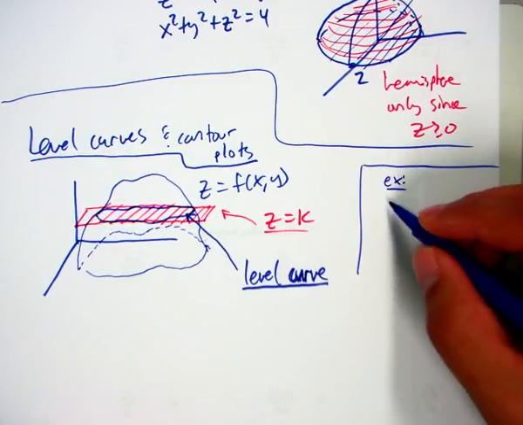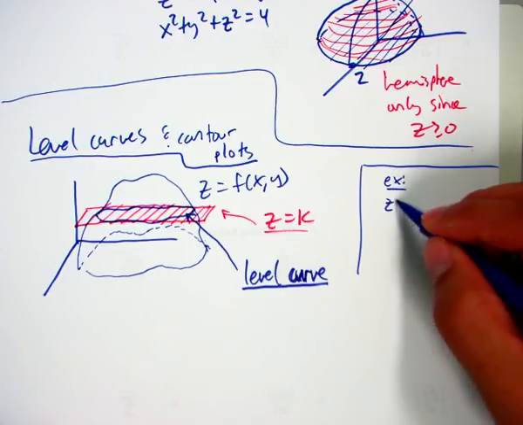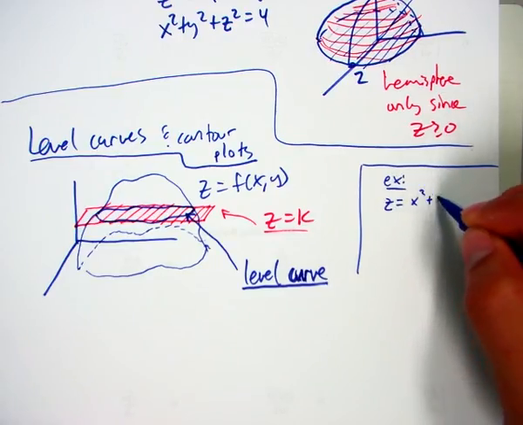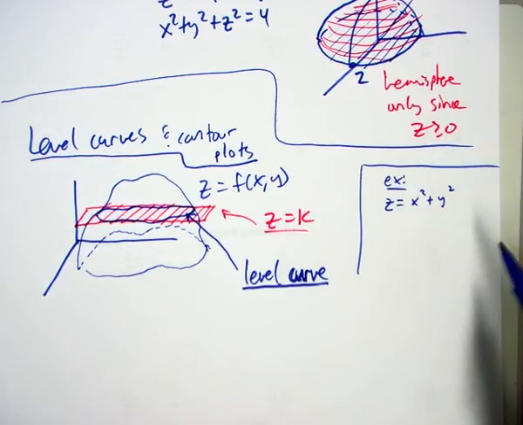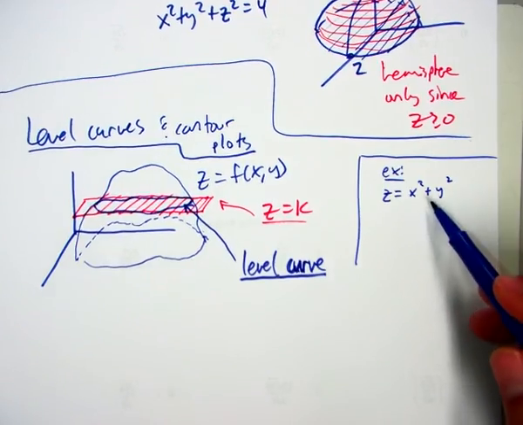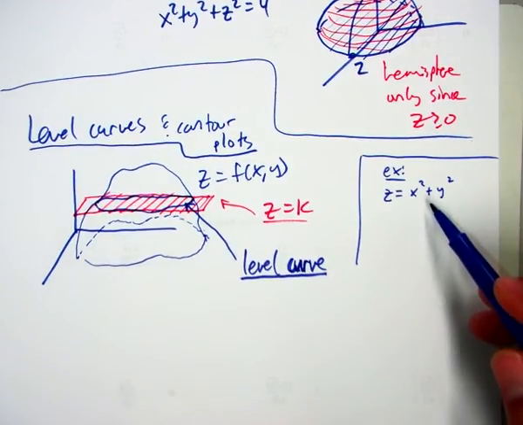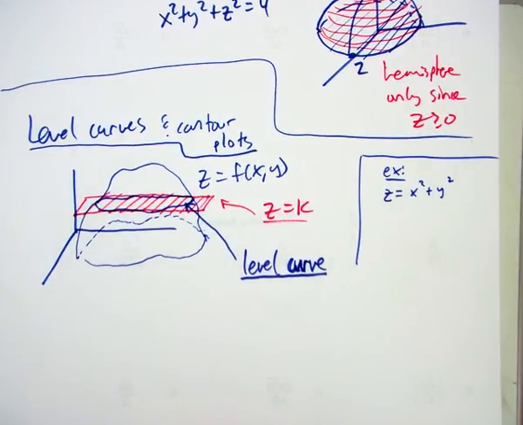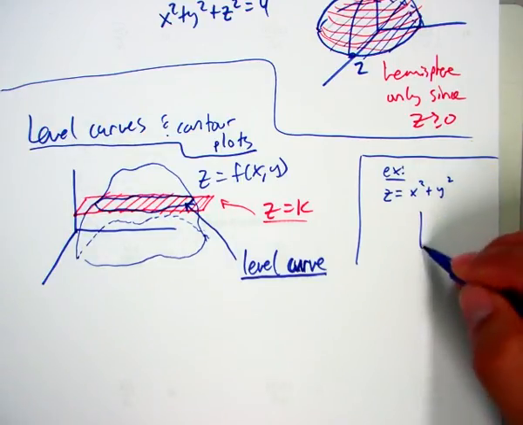Let's say we have z equals x squared plus y squared. What's this surface look like again? What's it called? Elliptic paraboloid? Sure. Hopefully you just know it looks something like that, right?